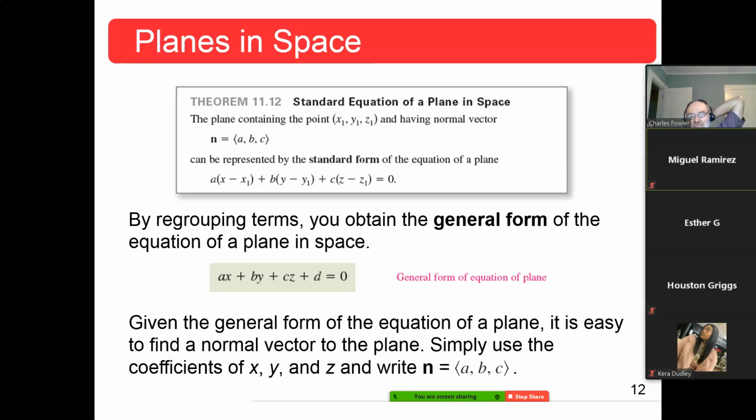This form has that. Given the general form of an equation of a plane, it is easy to find the normal vector to the plane. That's your coefficients of x, y, and z. That's your normal vector.